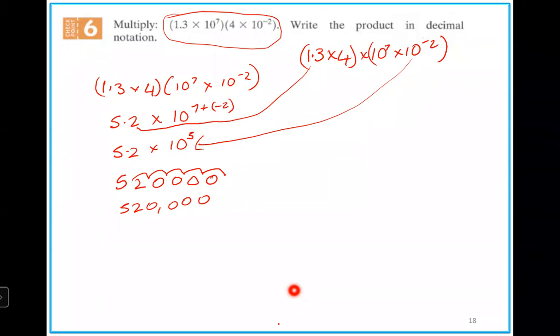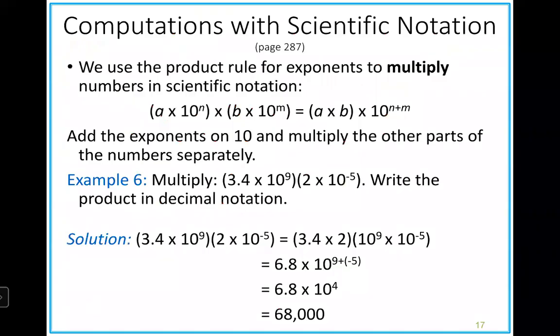Okay. So now we were looking at multiplication. The focus of what we were just doing was using the product rules for exponents to multiply numbers. So if you have a number in standard form or scientific notation, you can change the order and deal with the whole number portion and then deal with the power section.